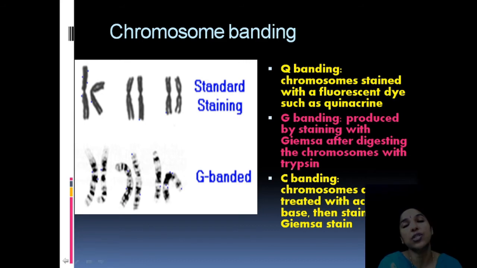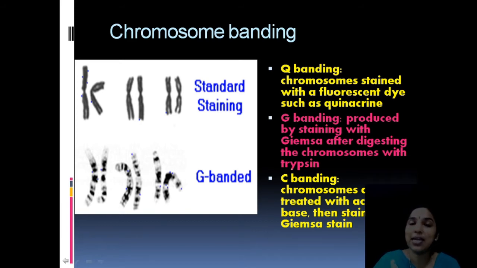So you arrest the cells, take the arrested metaphase chromosomes, and treat them. Usually the first treatment is colchicine, then a hypotonic solution, then you have to fix it. The fixation is usually done on the surface of a chilled slide.